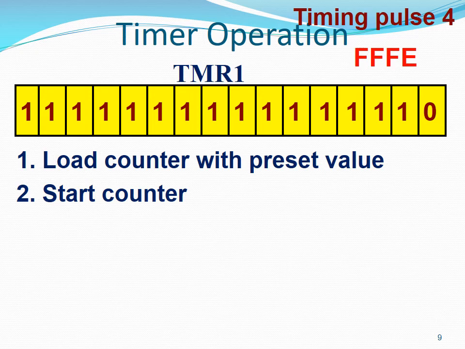The fourth pulse results in incrementing to FFFE. The fifth pulse results in incrementing to FFFF. This value is the maximum value that can be accommodated in this timer register.